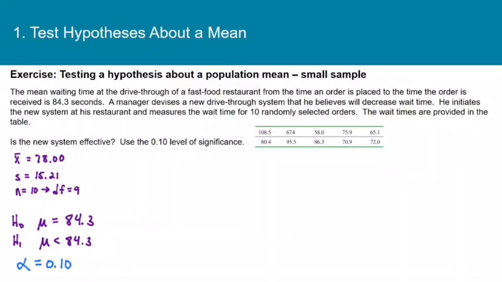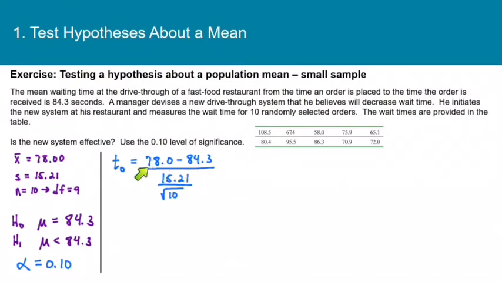And now step 3 is to calculate the test statistic, find the critical value using the table, and then draw a normal curve and shade the area represented by alpha. So we'll do that here. We'll say that our test statistic is x bar minus mu, so 78 minus 84.3, divided by 15.21 over square root of 10.